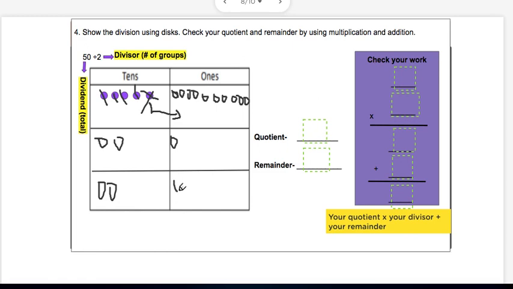Once you use a disc, cross it out. We've used 4 so far. Let's keep going. We still have a lot of discs left over that we have not used.